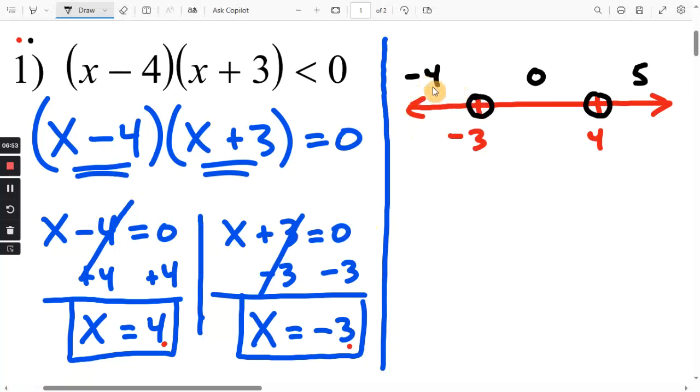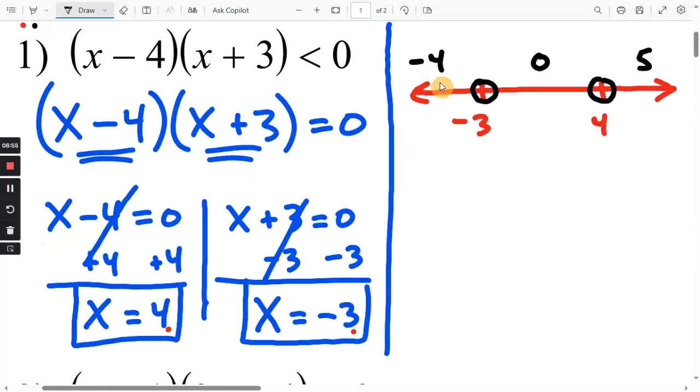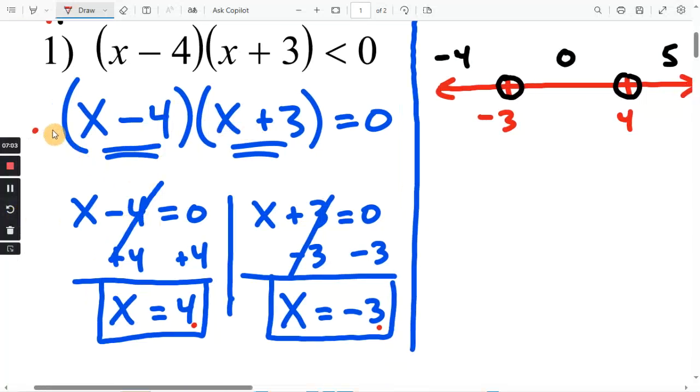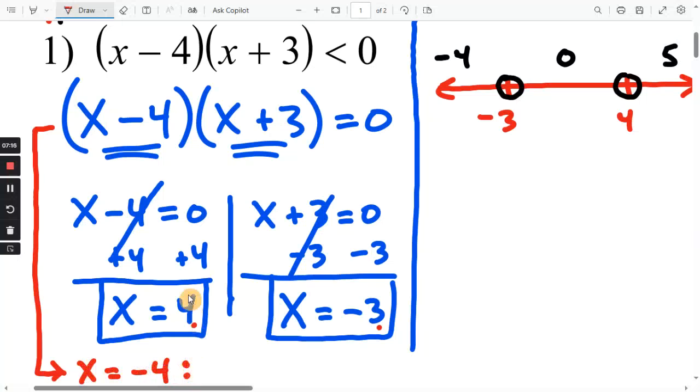First, we'll try negative 4 and see what happens. All right, so you can plug it into the original or factored form. In this case, they're both factored. The original was already factored. But I'm going to try x equals negative 4. And all I want to see is if it's positive or negative.